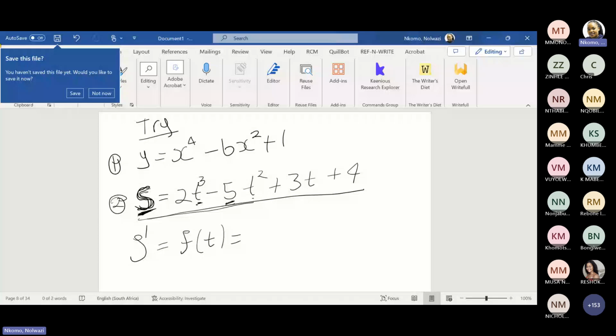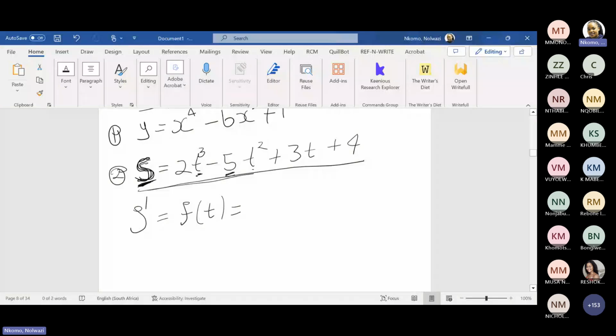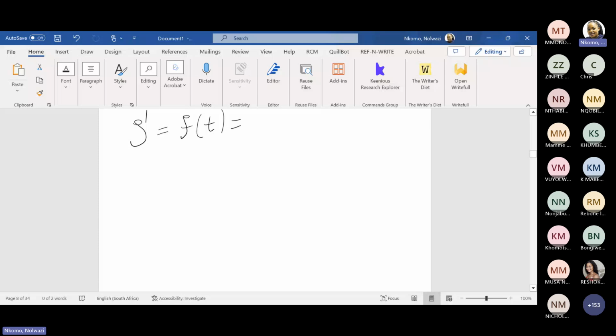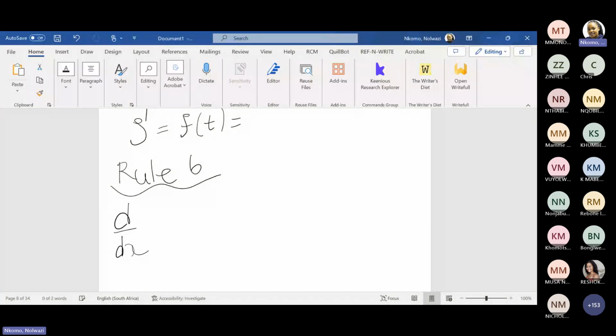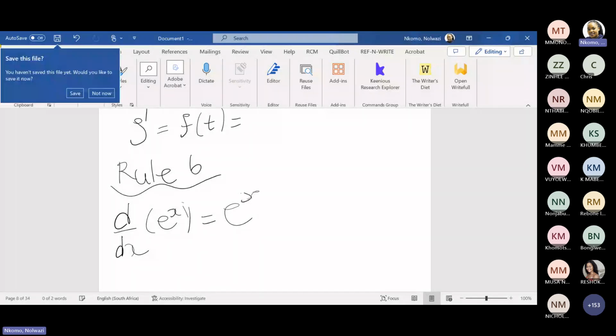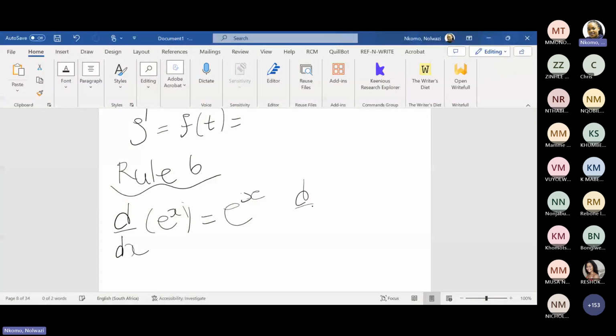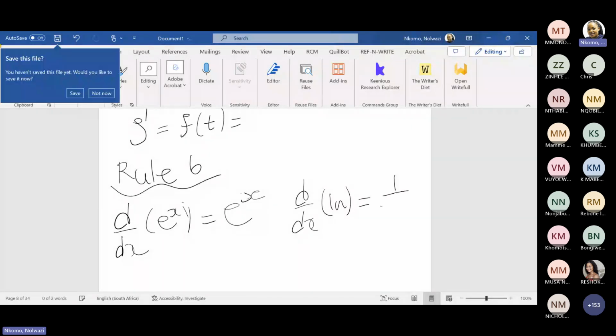Okay, rule 6. This is just the derivative of a natural exponent function, right? It says d over dx of e to the power x is e to the power x, right? Then for a natural log, d over dx of ln x is 1 over x. If we are differentiating e to the power x, you will get e to the power x.